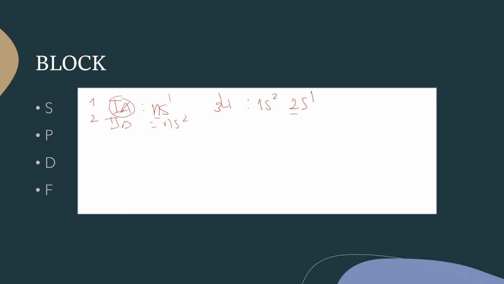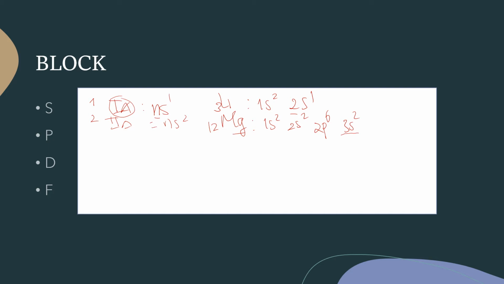For group 2 or 2A, alkaline earth, for example Mg, proton number 12, the configuration is 1s2, 2s2, 2p6, 3s2. So for magnesium in group 2A, the configuration ends in 3s2.